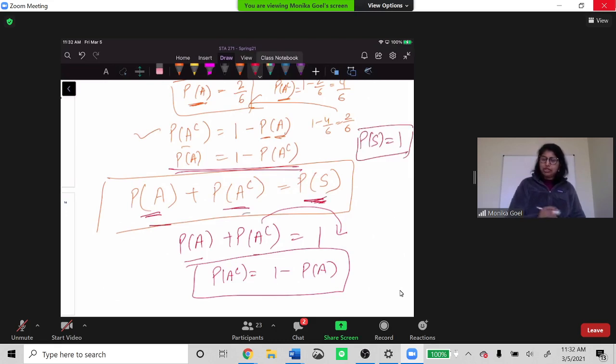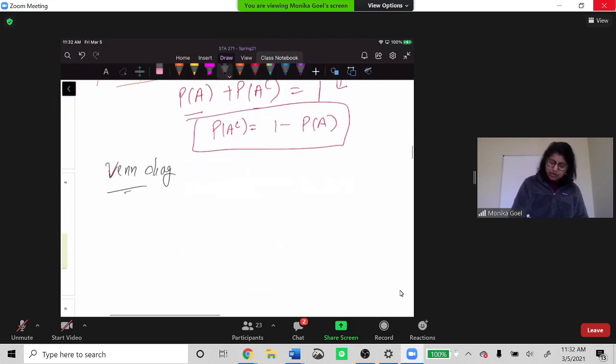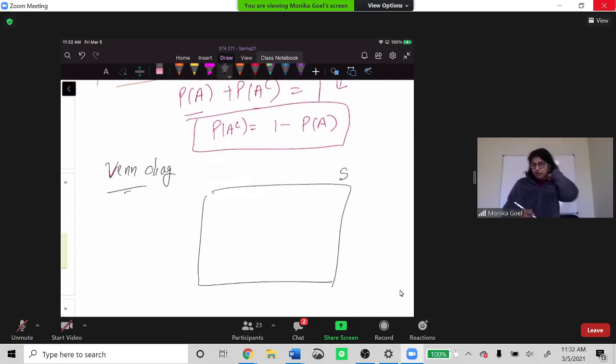And when I look at these two, let's look at a Venn diagram, the graphical representation that you see. Let's say this is my sample space, so the probability of this rectangle is 1 whole.